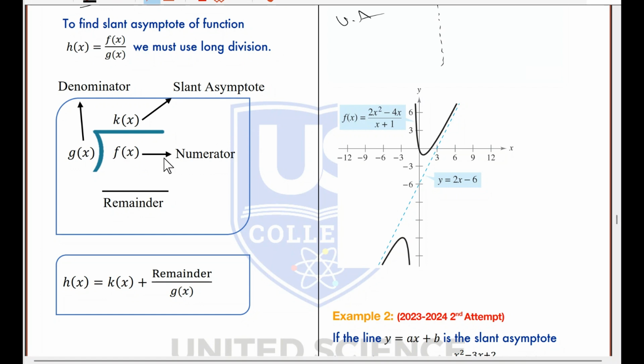We write the numerator as the dividend, the denominator as the divisor, and the quotient will be written at the top. We will have a remainder, and when we write the result as a new form of the function, we write the quotient, which is the slant asymptote, plus the remainder divided by the divisor. This is how we write the new function after the long division.